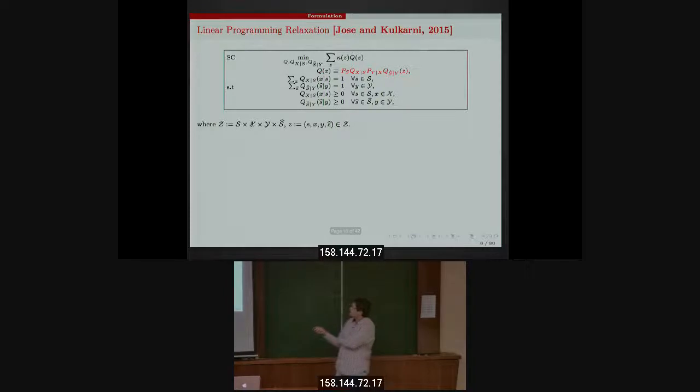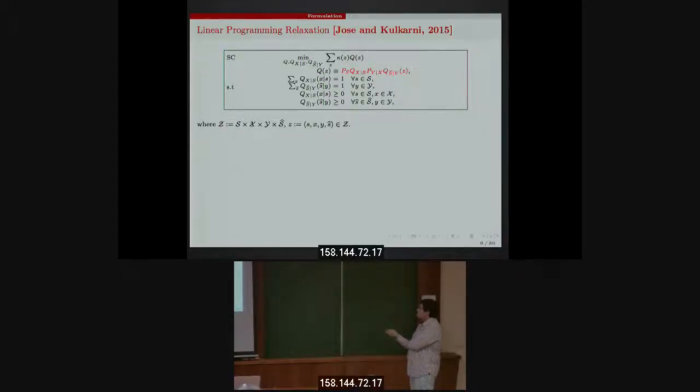So an equivalent formulation of this problem is that you want to minimize this expectation of kappa over all Qs that decompose in this way, that are a product of Ps into Qx given S into Py given X into Qs hat given Y. This decomposition arises because S, X, Y, S hat forms a Markov chain. And the unknowns here become your kernels Qx given S and Qs hat given Y. So they are sort of a randomized choice of an encoder and decoder.